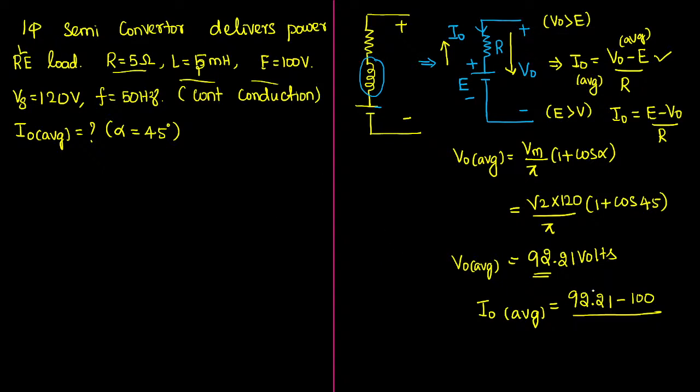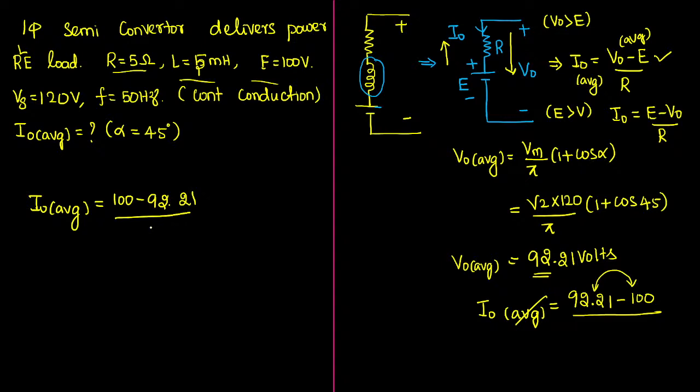So I'm interchanging the position. Let me write here: I naught average will be equal to battery voltage 100 minus V naught average we are getting, 92.21.